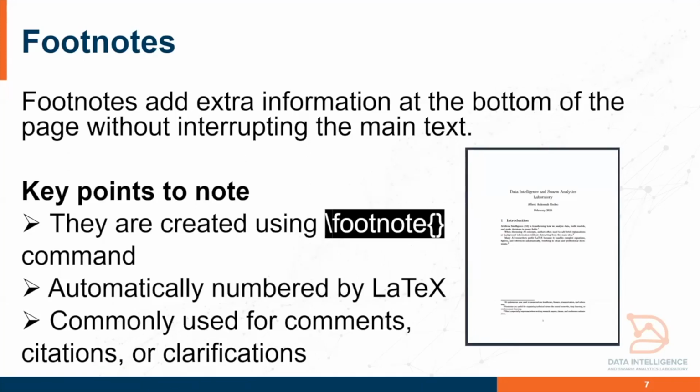A footnote is always at the bottom of the page. There is a clear distinction between footnotes and endnotes. Endnotes can be at the end of a whole chapter or the entire document, but footnotes are always at the end of each page.